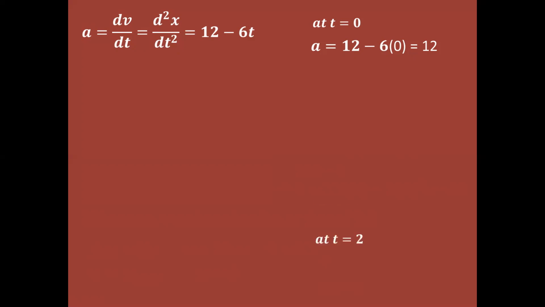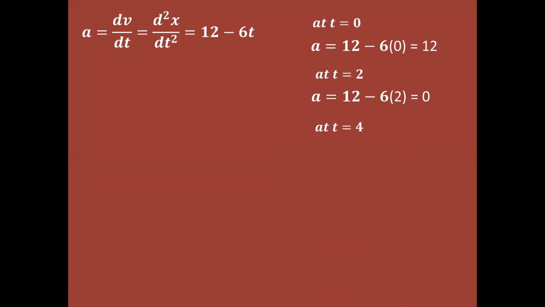Let's have another try. Time of 2 seconds is substituted to our given equation a is equal to 12 minus 6t. a now is equal to 12 minus 6 times 2. We have an acceleration of 0.